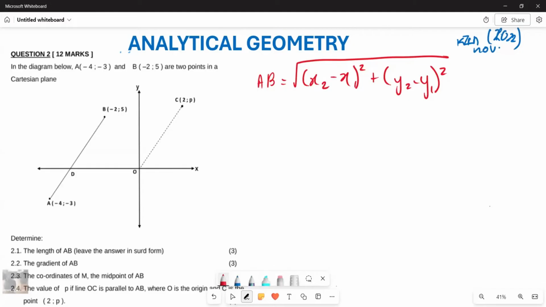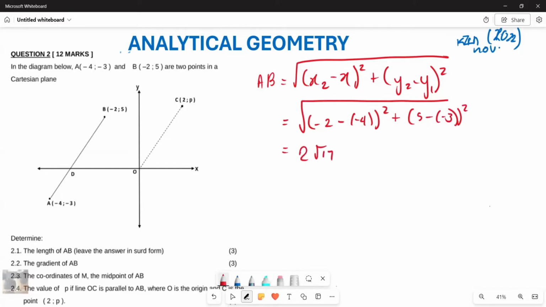So you are going to have the square root of (-2 subtract -4) squared, plus (5 subtract -3) all squared. The answer that you're going to get is 2 root 17. When you plug this into your calculator, you get 2 root 17 as an answer.